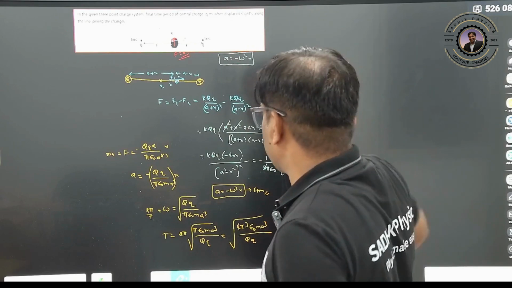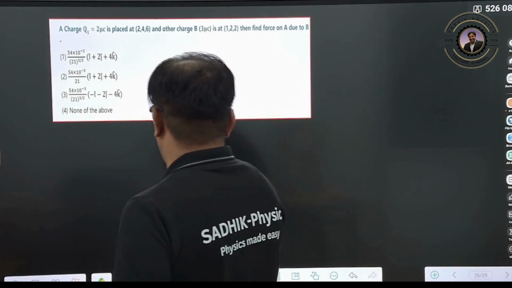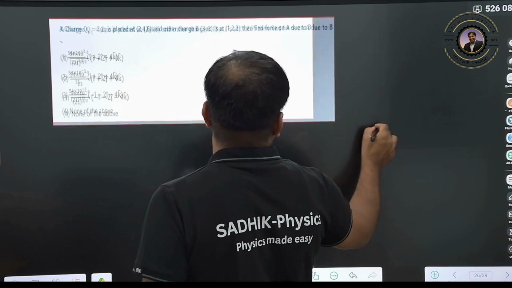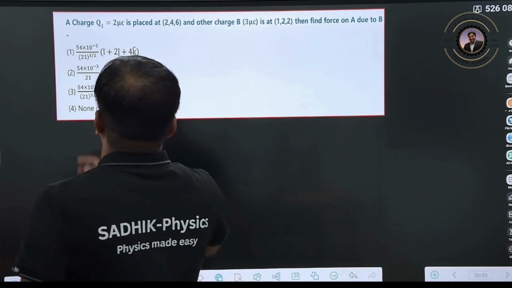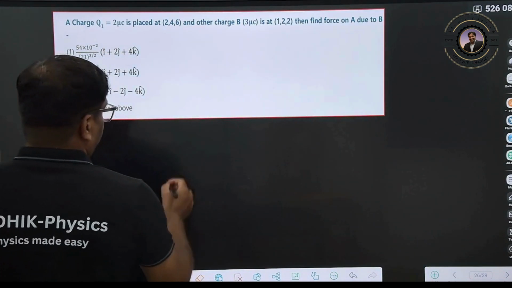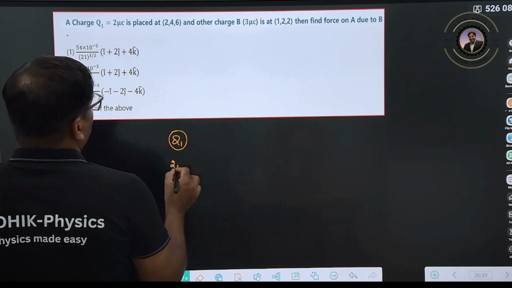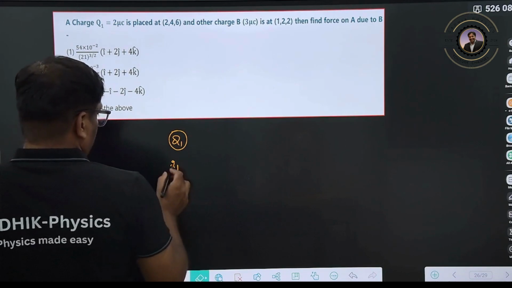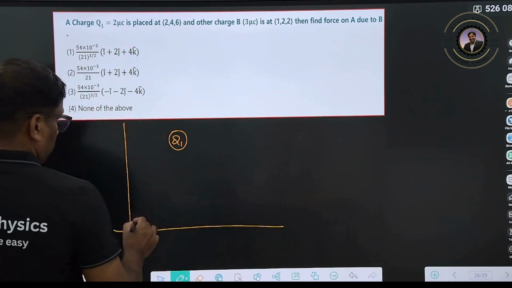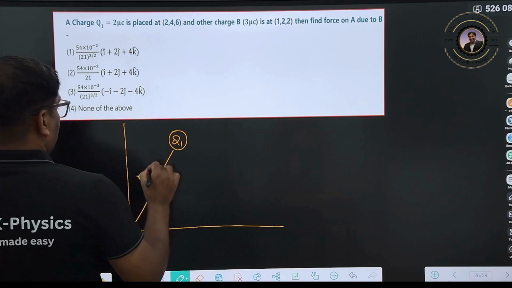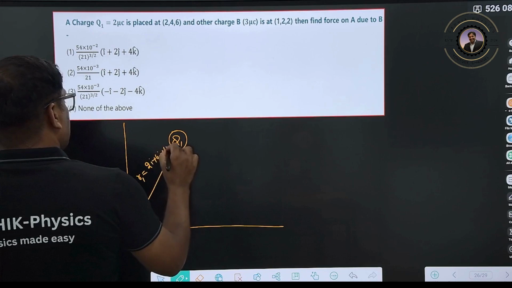Right. So let us see one more new question, in vector form. There is a charge q1 at a position with position vector r1, which is 2i plus 4j plus 6k.